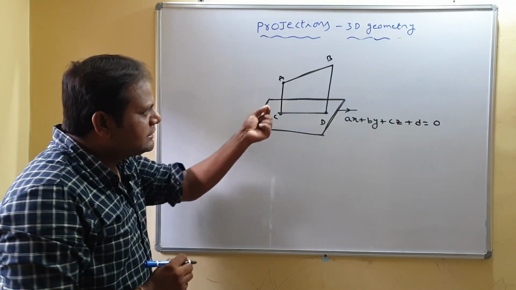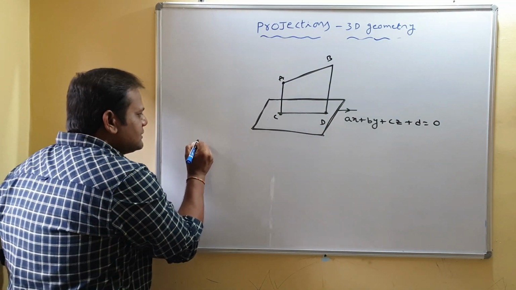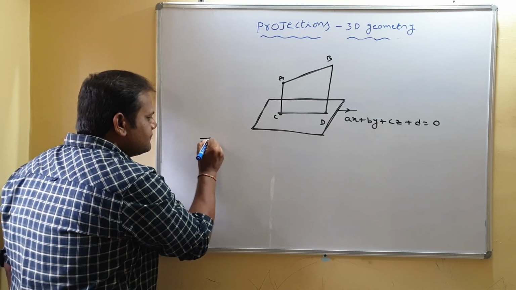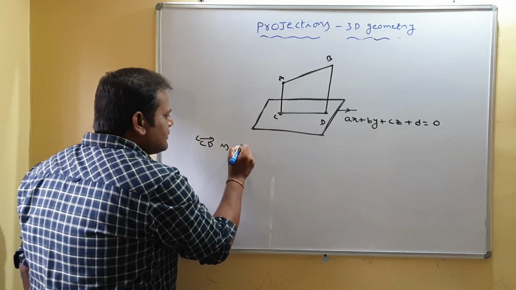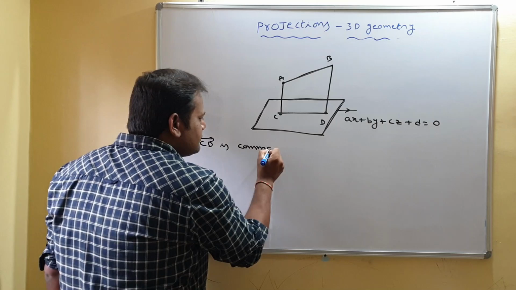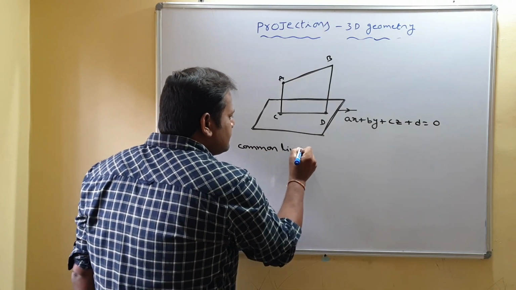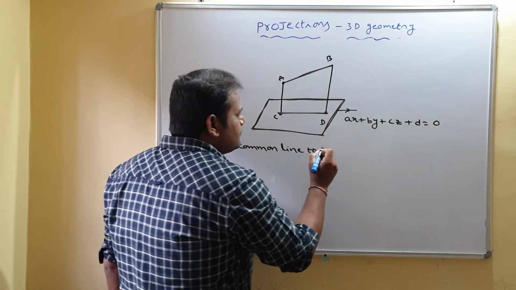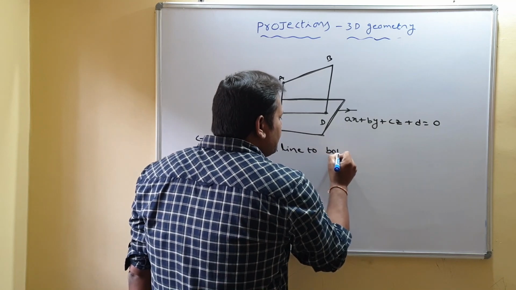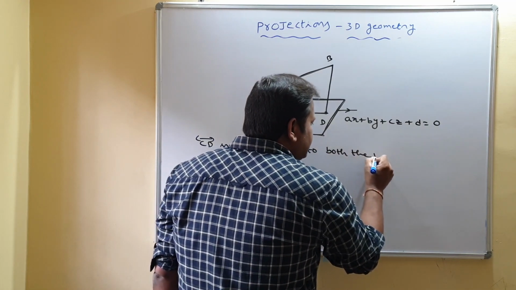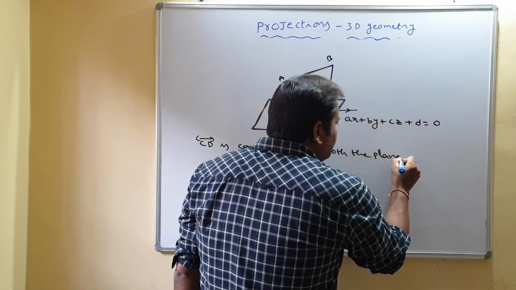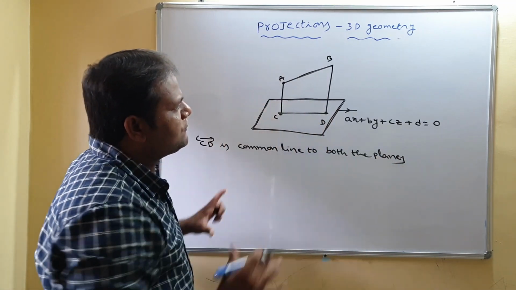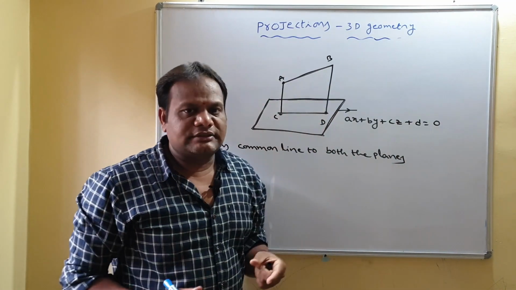See here, the line CD is the common line to both the planes. Here you observe, we have two planes.